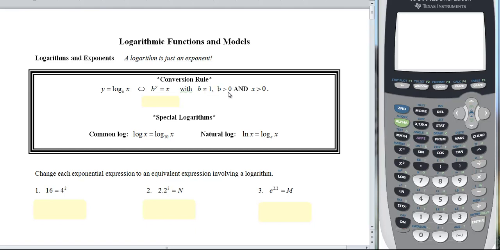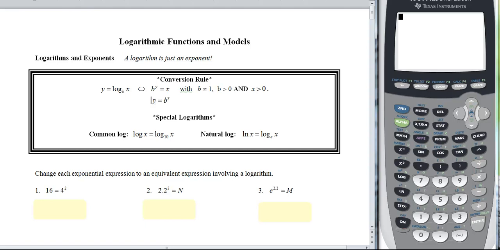Now, another thing we looked at before we got to here were inverses. Say I have y equals b to the x. Remember, for us to find a rule for an inverse, we interchange the y and the x, like I've got right here.